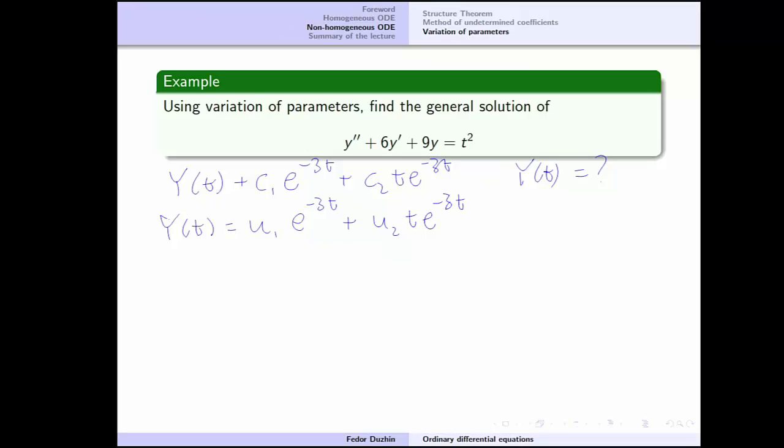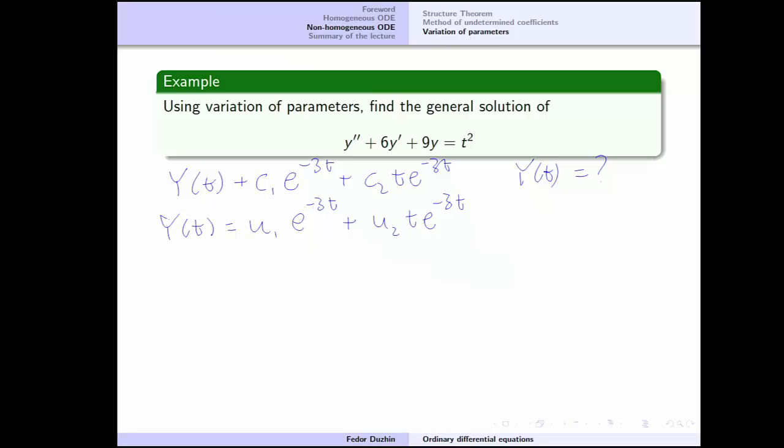In other words, it is very similar to the general solution of the homogeneous equation. The only difference is that now the coefficients u1 and u2 are going to be functions of t instead.